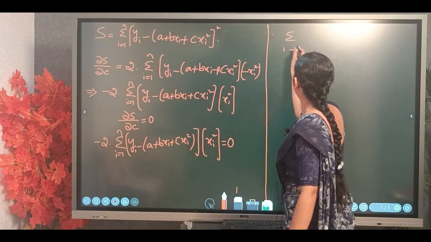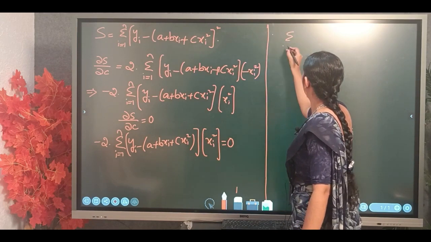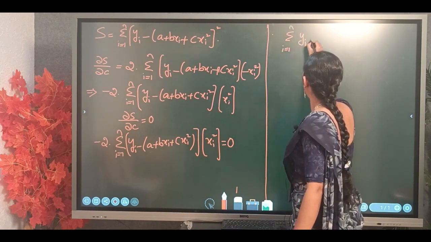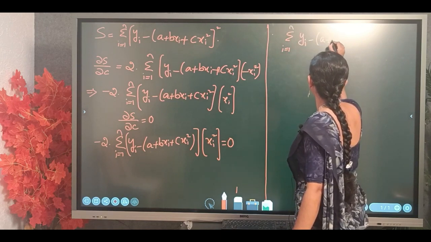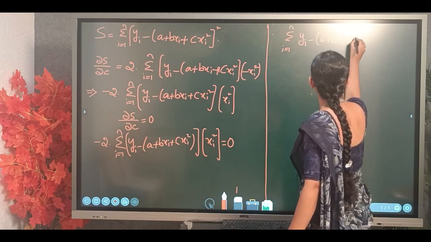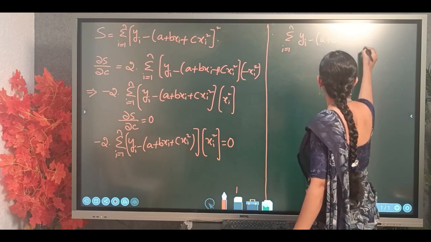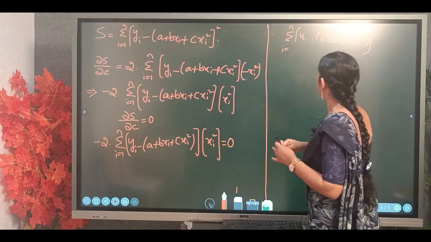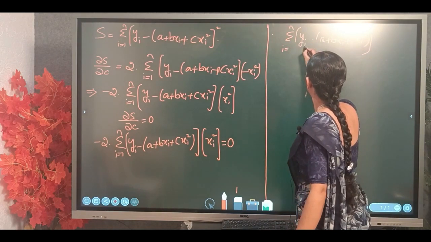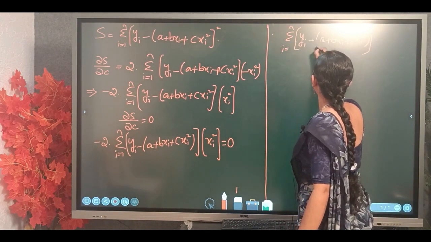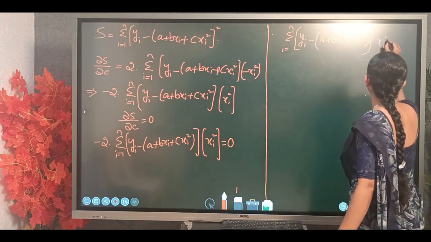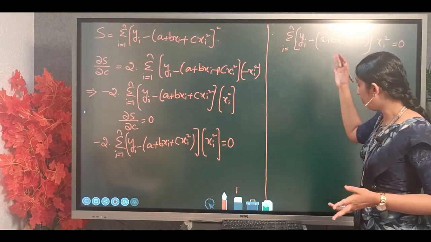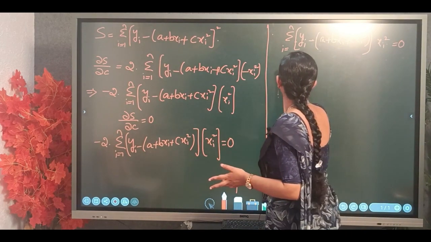So summation i = 1 to n of (yi − (a + b xi + c xi²)) into another term, xi², is equal to 0. The same procedure we have done earlier, we are repeating here. So what will we get?